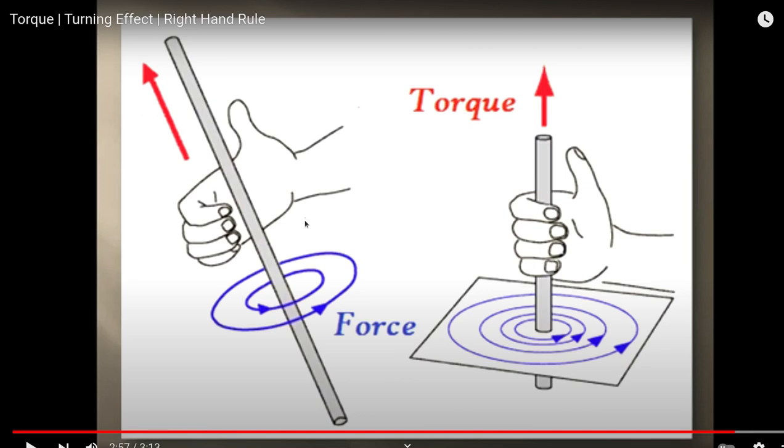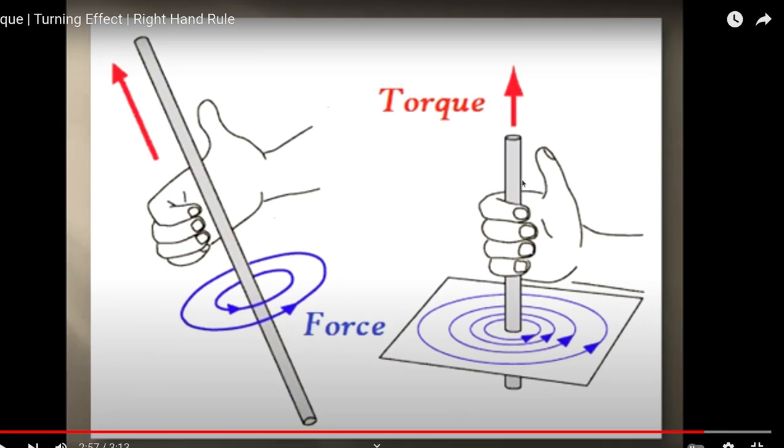You can think of it in two ways. The force you are trying to apply is in the direction of your curled fingers, or the bar will rotate in the direction of the curled fingers. In that case, the torque will have the direction of the thumb. So this is called the right hand thumb rule.